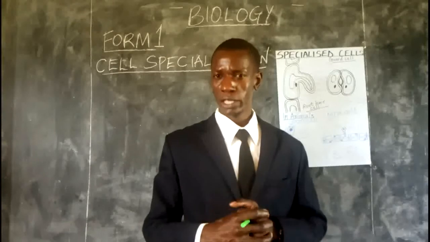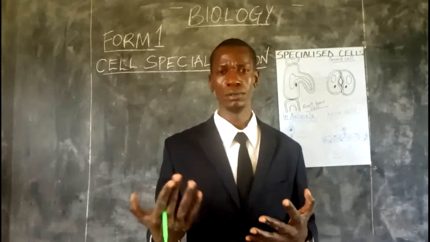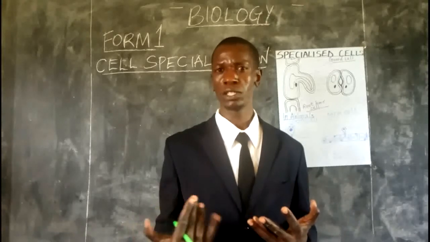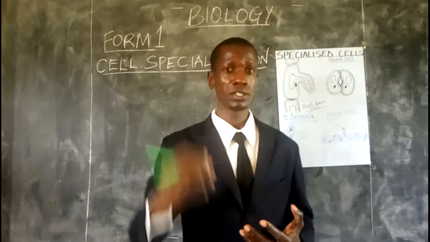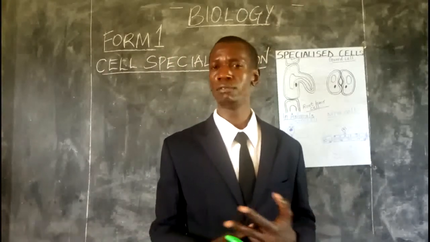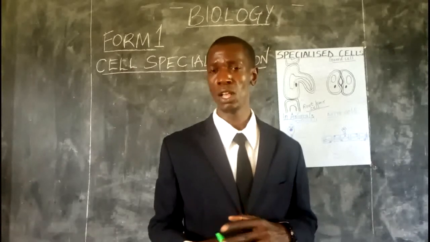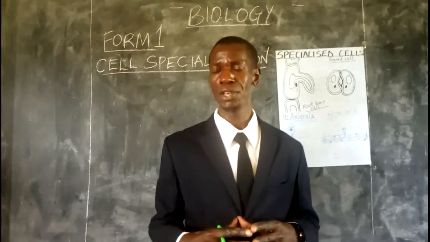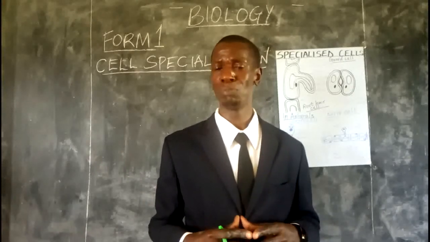We are going to look at these specialized cells that I have here. I have the first one for the plant. I'm going to look at the guard cell. We'll look at its structure. The diagram is here. And I also have the root hair cell. That is also another specialized cell. We'll look at its structure, and probably we may talk about the role that it plays.